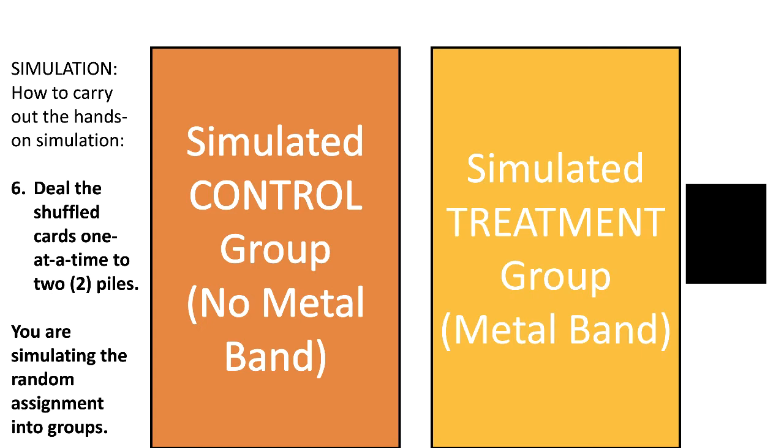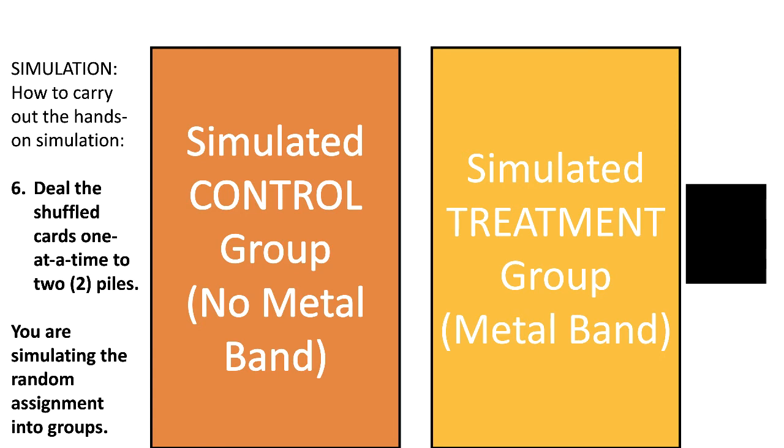This would be the group with the metal band. Remember, we're simulating that the metal band played no role in the penguin's survival. So which group the penguin is assigned to did not affect their survival. They would survive or not survive regardless of the metal band.